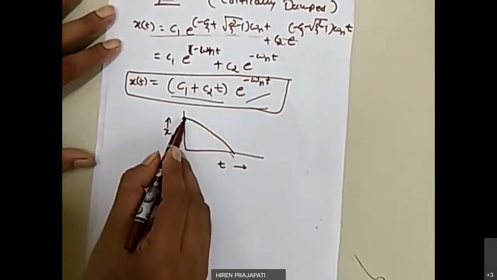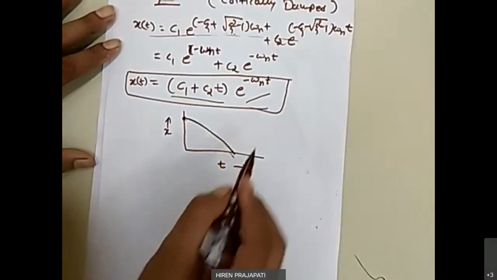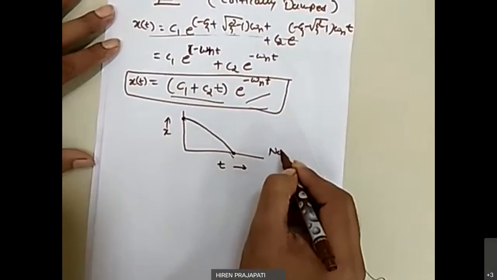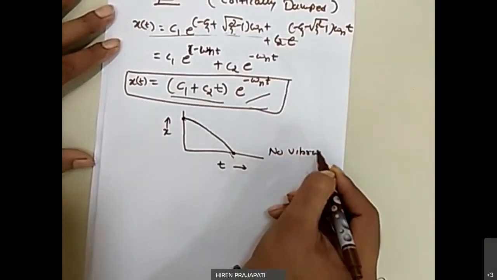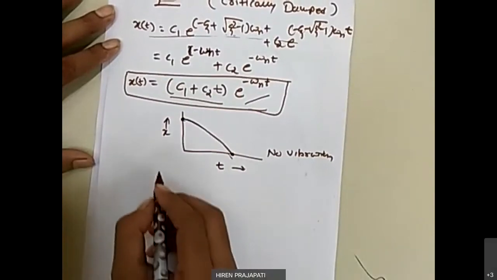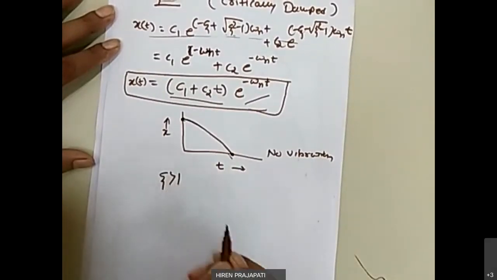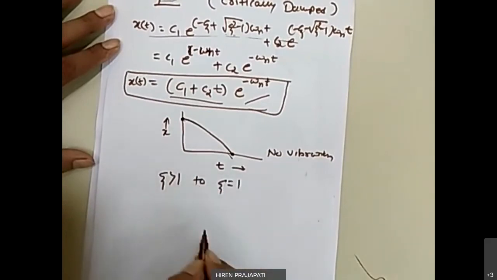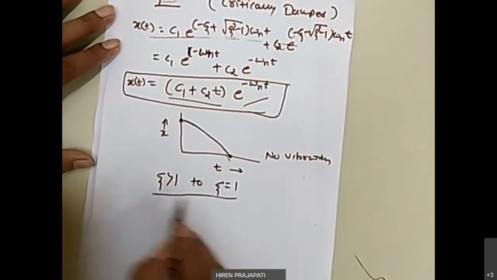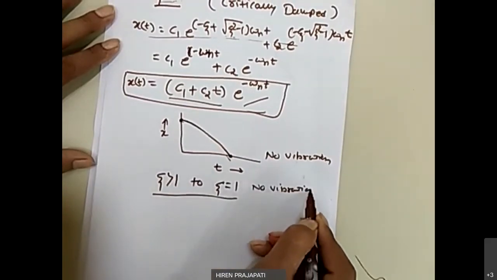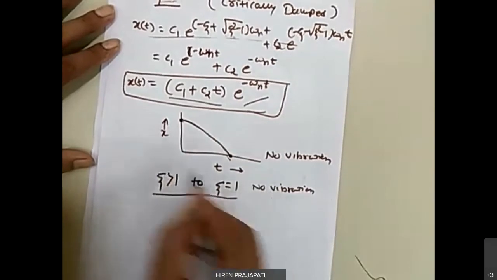So it is decaying and it will not cross the mean position, so again there will not be any vibration. If you consider zeta greater than 1 to zeta equal to 1, then in this range there is no vibration. This body will not move to and fro, meaning it will not follow a sinusoidal curve.